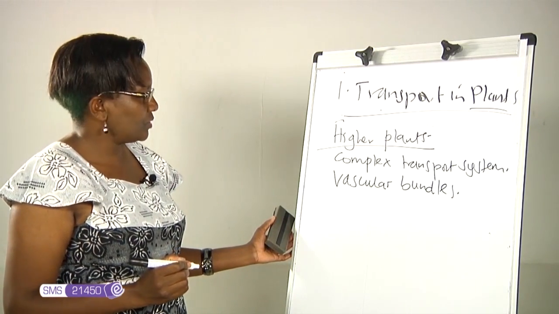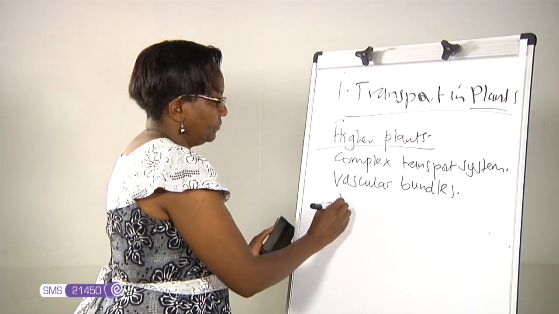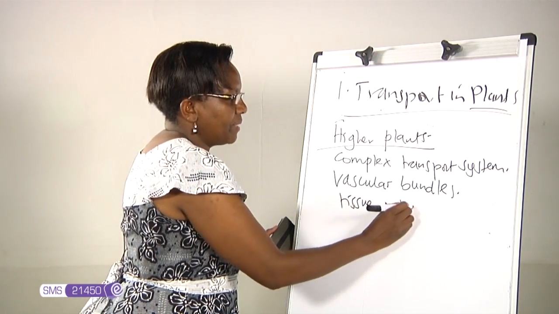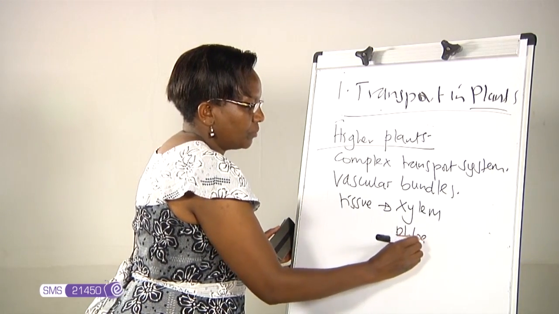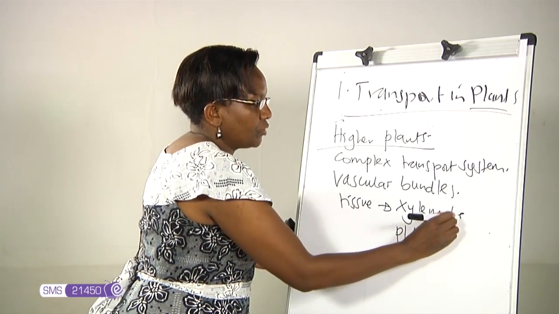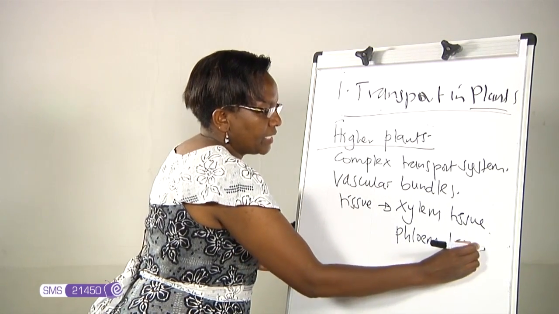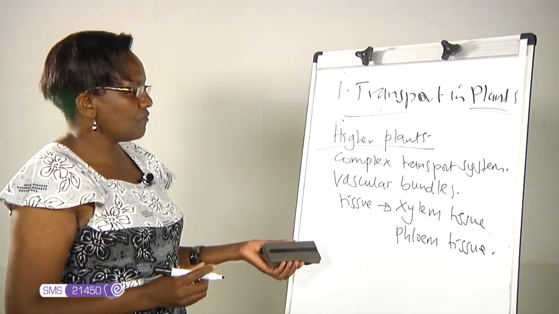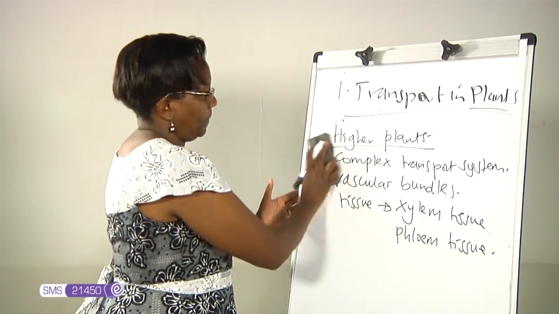So, what do we mean by the vascular bundles? This is a tissue that is made up of the xylem and the phloem tissue. This is what makes up the vascular bundle that is involved in transport in higher plants.